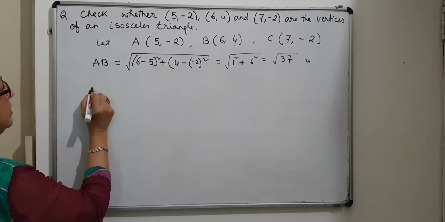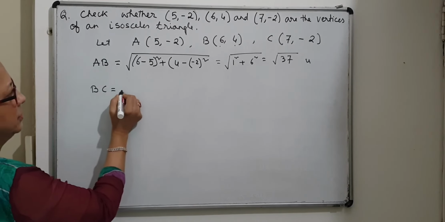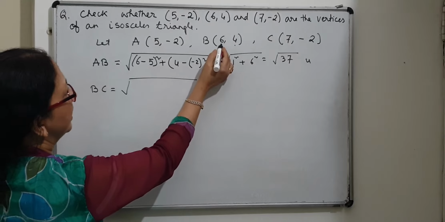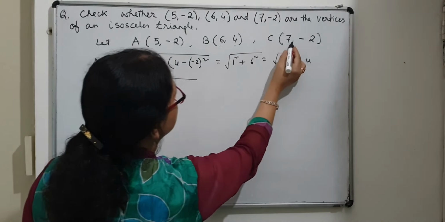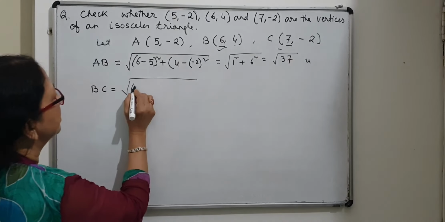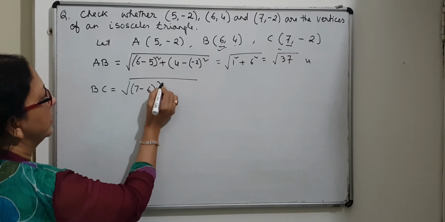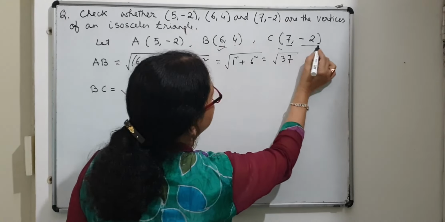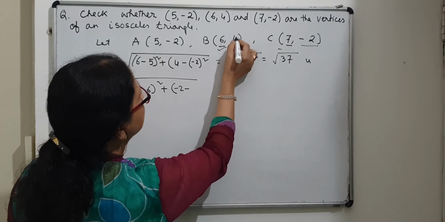Next, let me find out the distance between the points B and C using the distance formula. So x2 is 7 and x1 is 6, so 7 minus 6, x2 minus x1 whole square plus y2 which is minus 2 minus y1 which is 4.